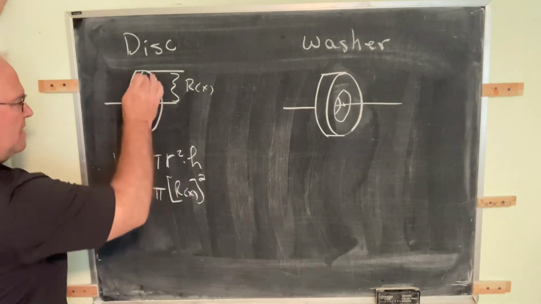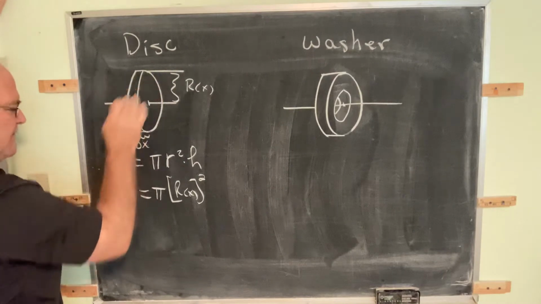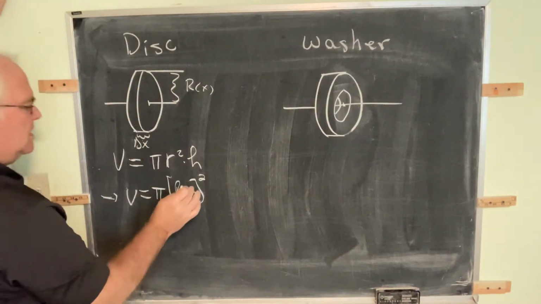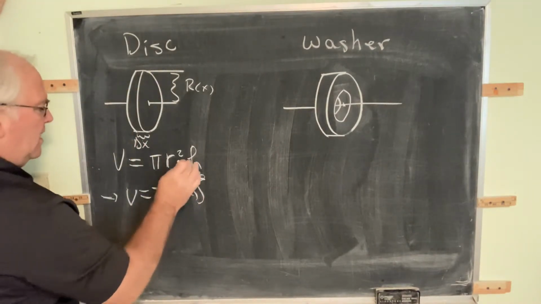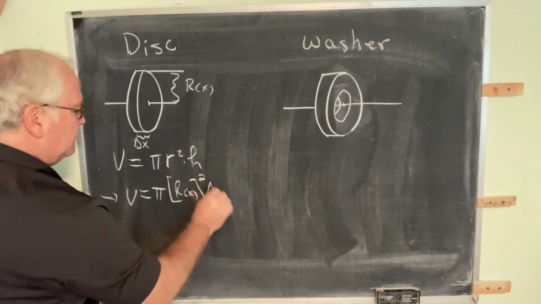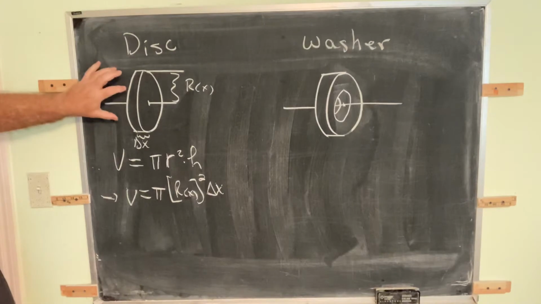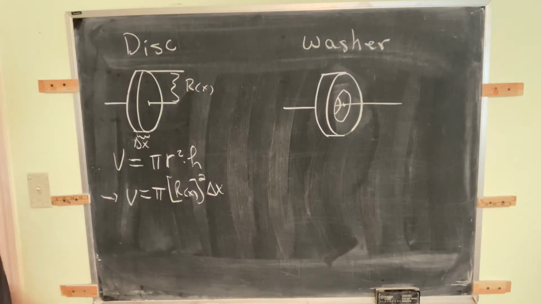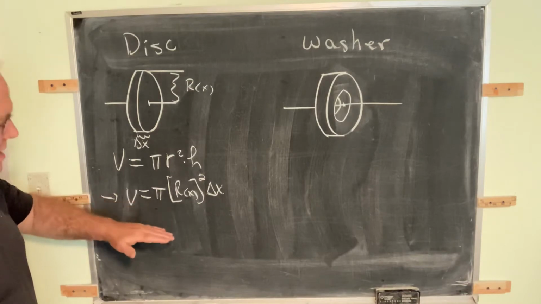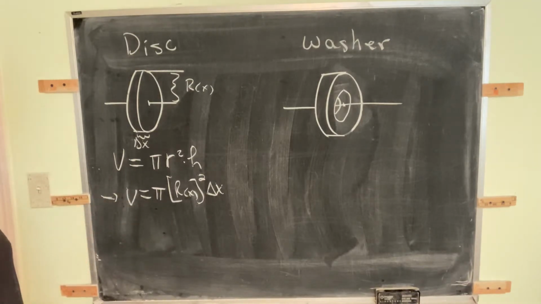It may be a specific number, it might be a variable expression, but whatever the radius is, it's that radius squared, and then the height is delta x. And so we saw that if you have several of these disks, then we can sum those volumes. And that leads to the Riemann sum, and that leads to the definite integral.